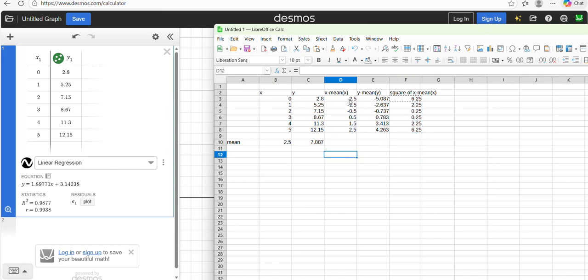Now we can multiply columns D and E to find what we will sum for our numerator. So we'll label this D star E. This equals the cell from column D times the cell from column E. And again, we copy and paste this all the way down.